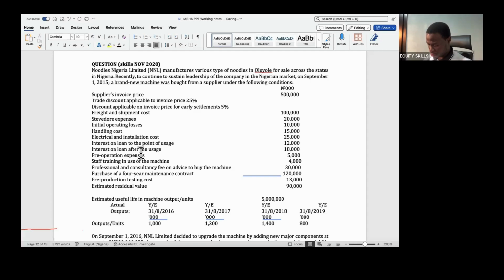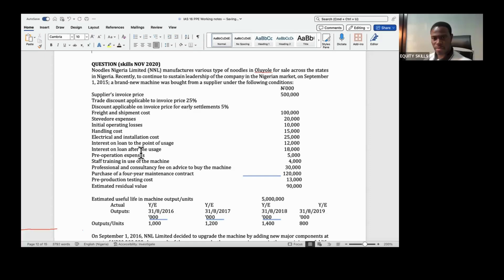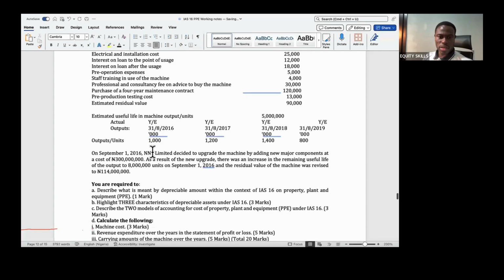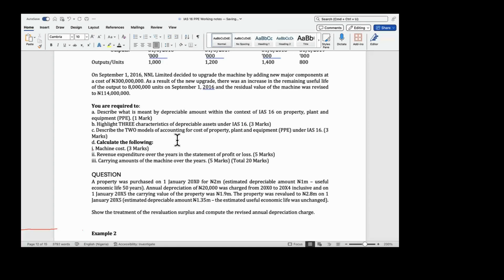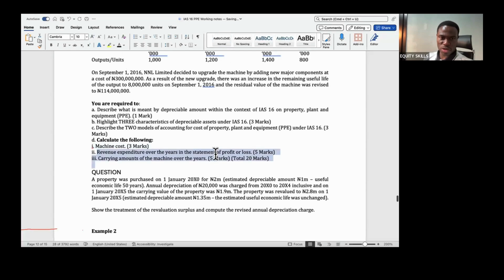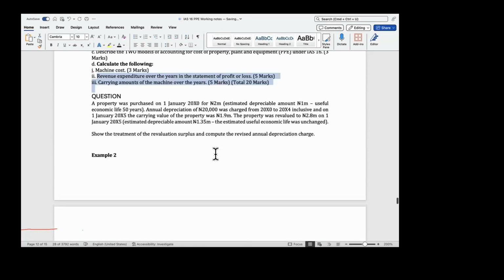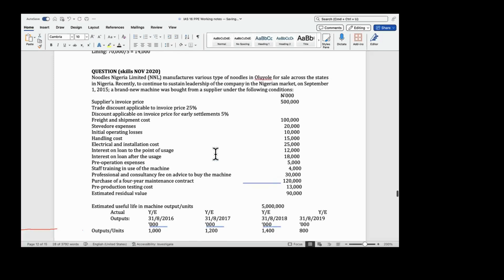Okay, FM. I can't finish this question, so I will just do only determination of machine costs. I'll do the remaining 2 tomorrow. Then we'll continue solving our questions tomorrow. We have plenty of questions to solve, and we have to finish everything just for you to get used to it.